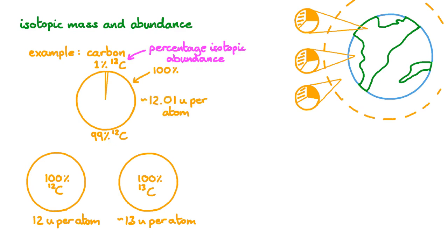But because samples of carbon found on Earth are actually a mixture of the two isotopes, the average mass is about 12.01 u. This may not seem like a big difference, and in many cases it's not, but for some elements the difference is quite substantial. When we've done enough analysis to say we have a representative sample of the whole planet, we'll have worked out the average atomic mass for the element.